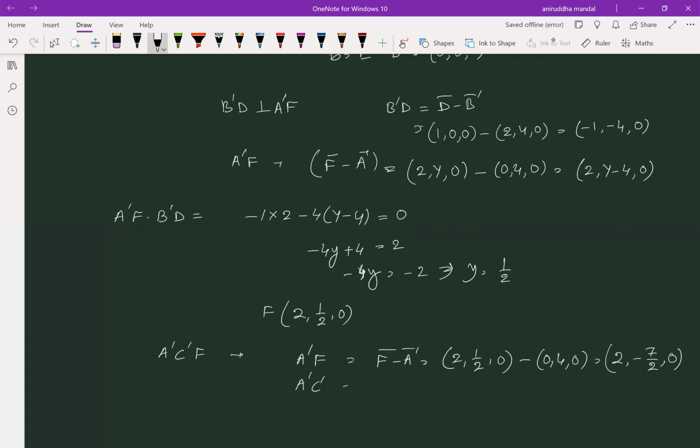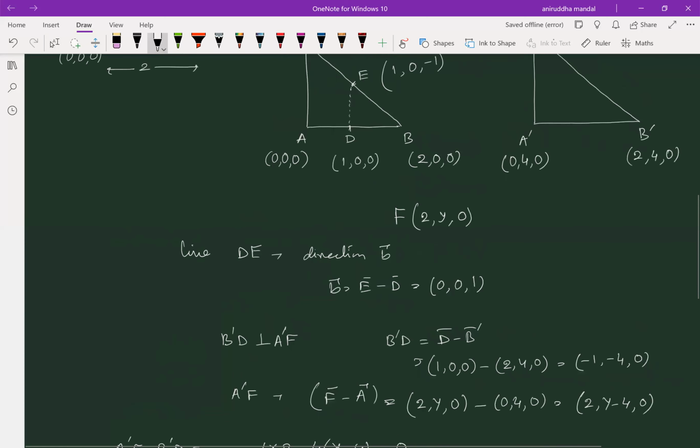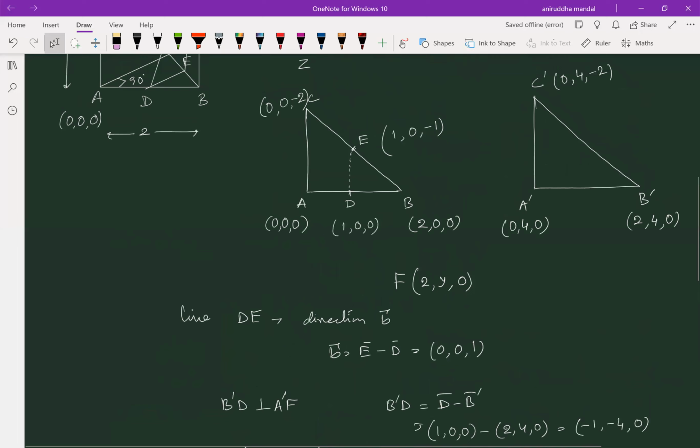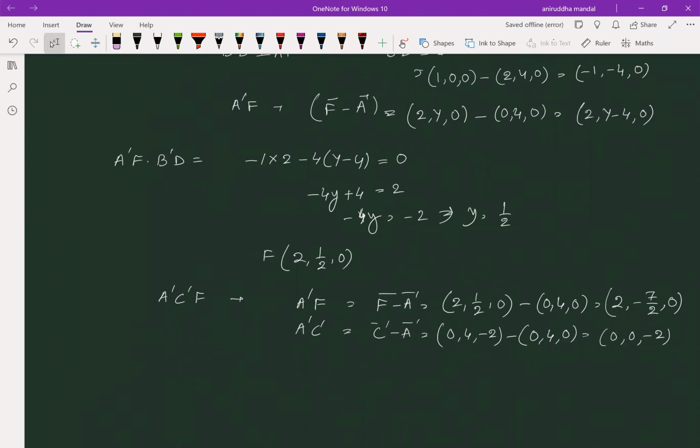Okay, and a dash c dash vector is c dash vector minus a dash vector. So c dash vector is (0, 4, 2), minus a dash vector (0, 4, 0). So this is (0, 0, 2). Now we have to find this normal vector. So normal vector is their cross product, a dash f cross a dash c dash.